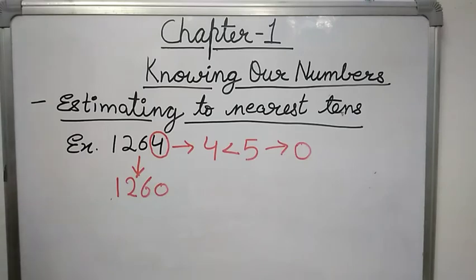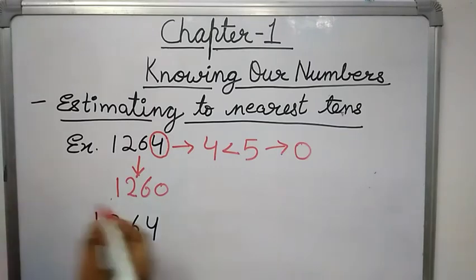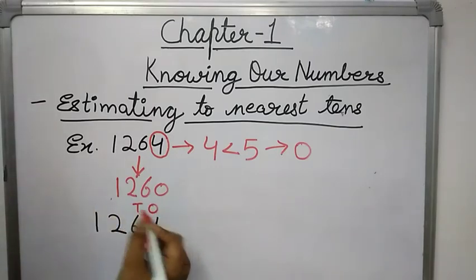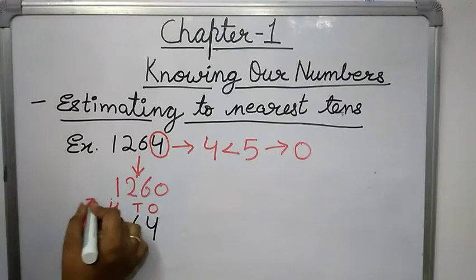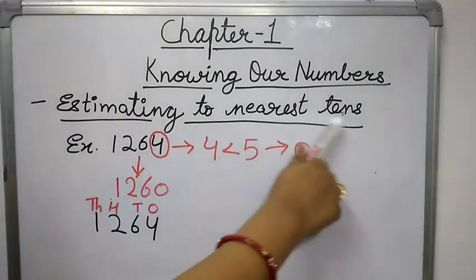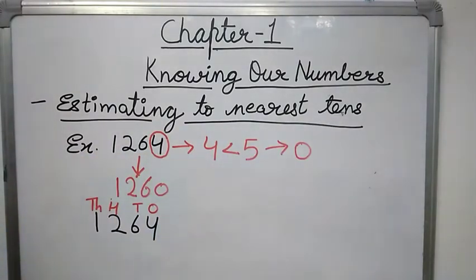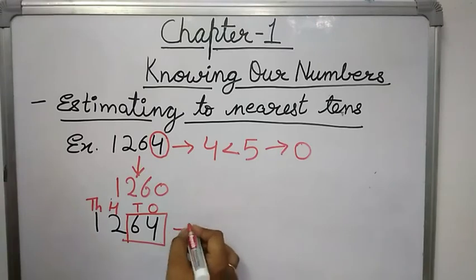Or in another way also, we have 4 at units place or ones place, then tens, hundreds and thousands, and we are estimating to nearest 10. So we have nothing to do with the thousands and hundreds place, so they will remain same. Tens and unit place, in combination, make the number 64.